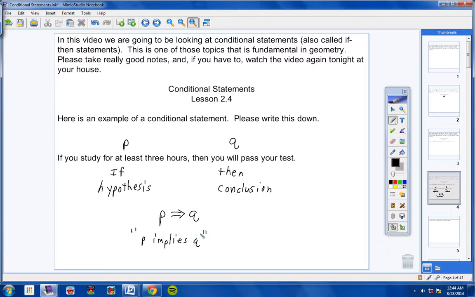Let it pause for a second. P implies Q, or you could also say if P, then Q. So this is what we're going to study today, conditional statements.